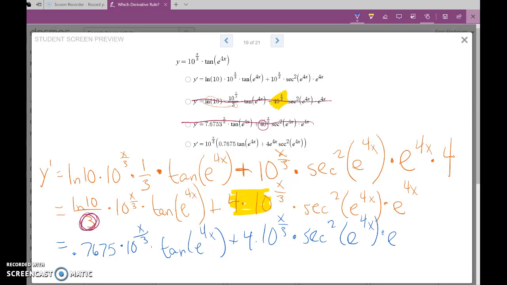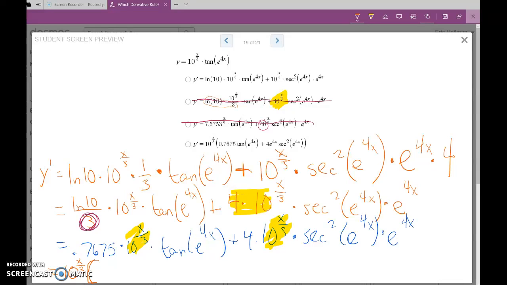Now, one thing to notice is that there is a 10 to the x over 3 in both terms. Right here, right here. So I'm going to factor that out, and that's going to bring us to the solution. So 10 to the x over 3.